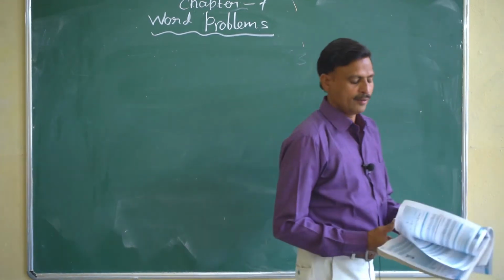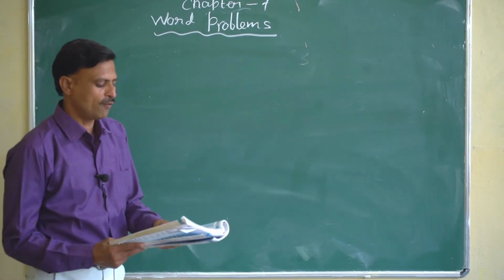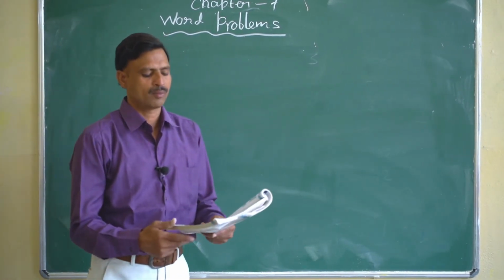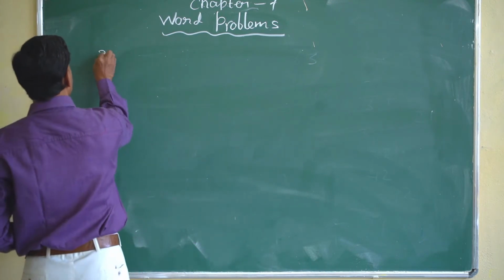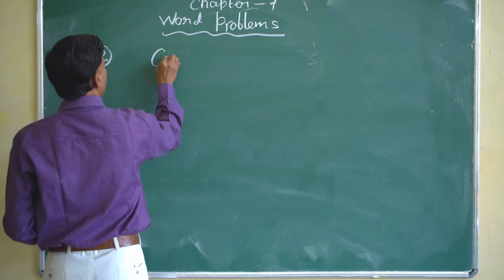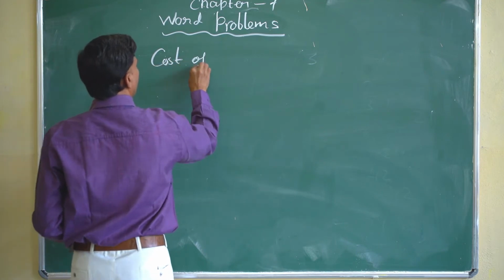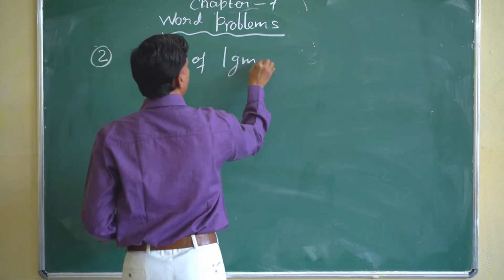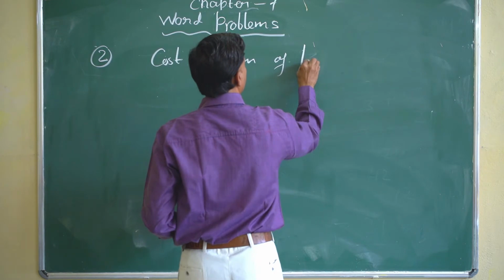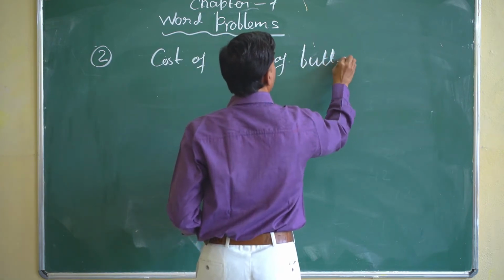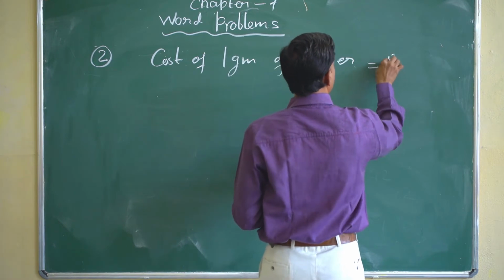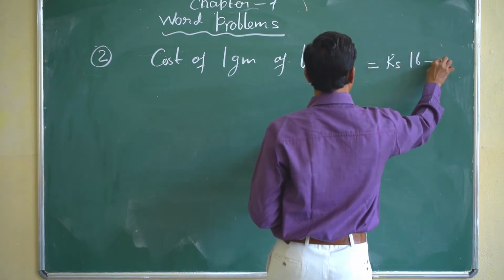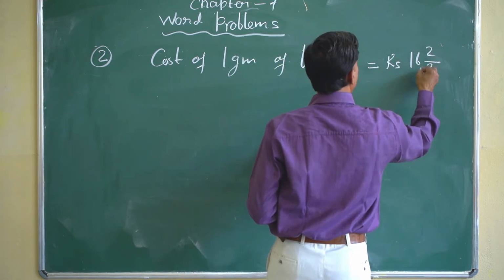The second question is: the cost of 1 gram of butter is rupees 16 whole number 2 by 3.